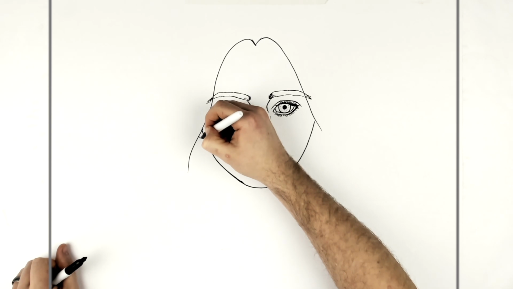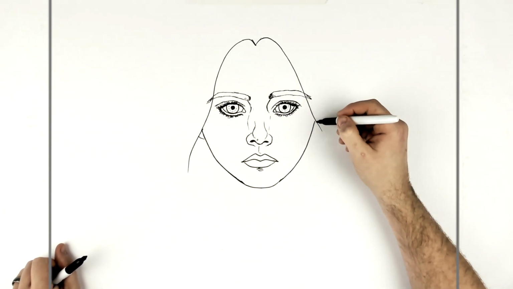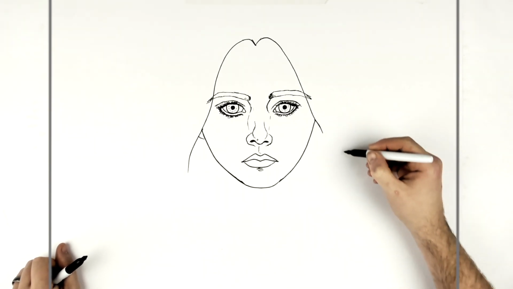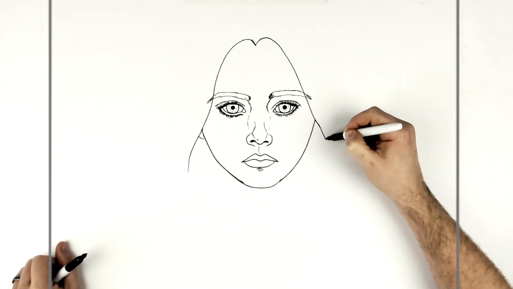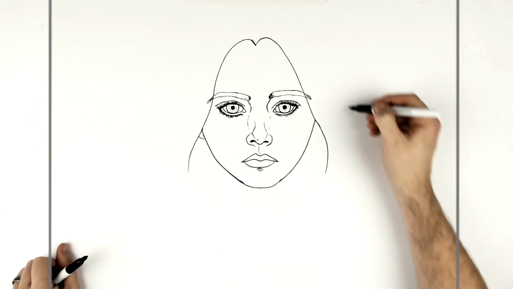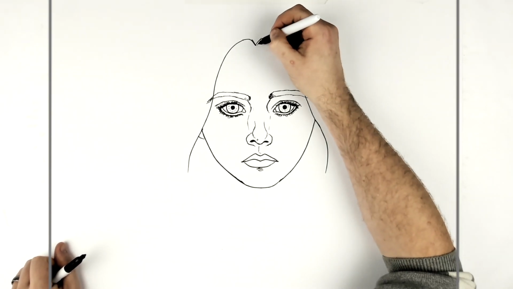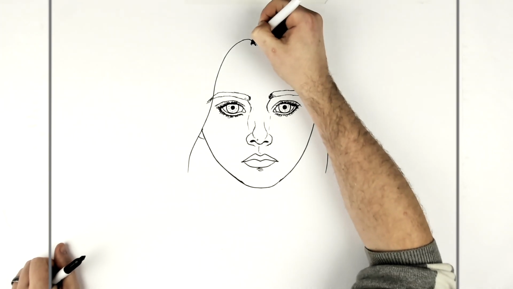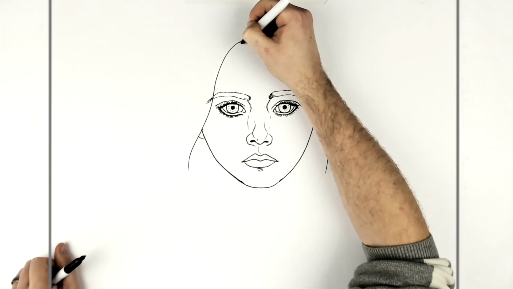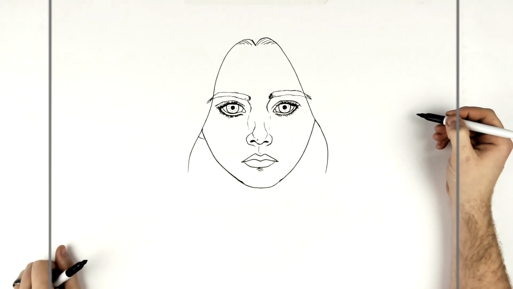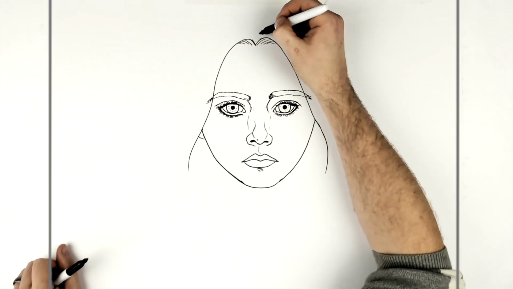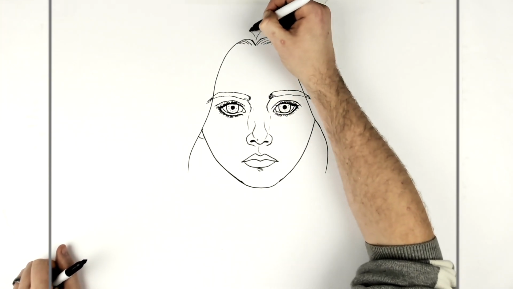See a little bit of her ear in there. Can't see it on this side because there's more hair. And then it like curves in. And then you can see some hairlines just in here. Like so. And then more hair. So like her hair parts this way.